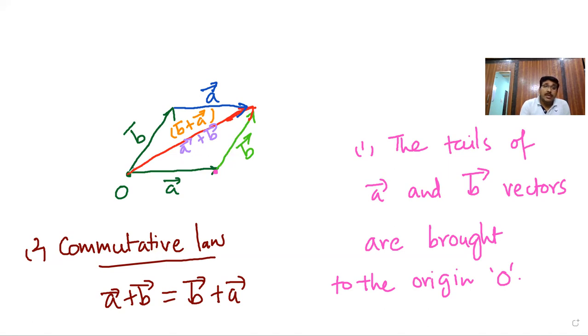Similarly, B bar plus A bar is equal to B bar plus A bar. That means both are showing the same resultant. The third property here I quote is parallelogram law.